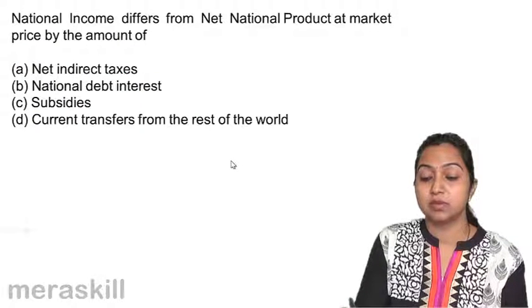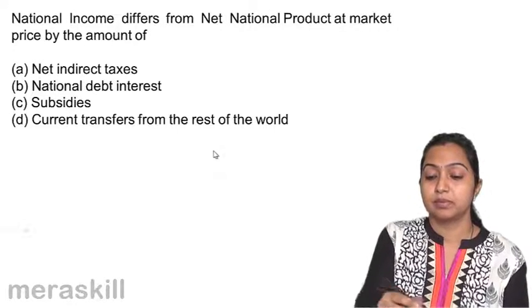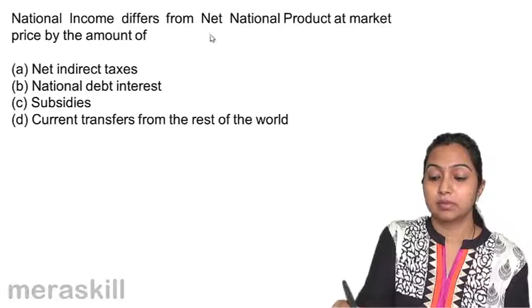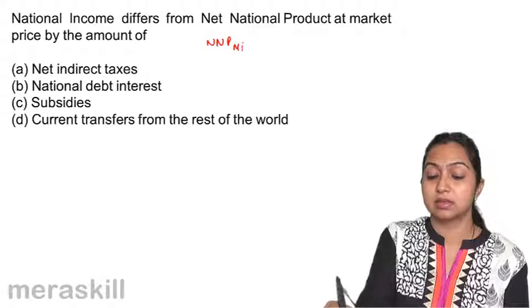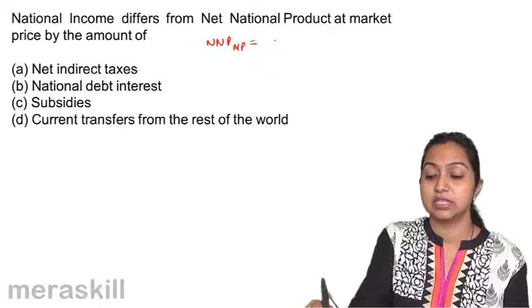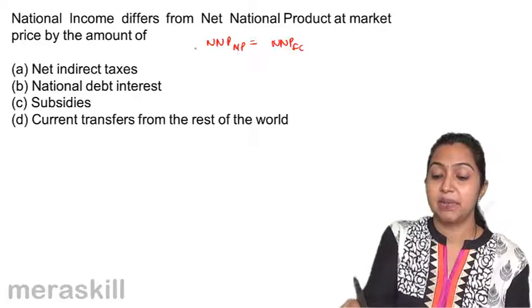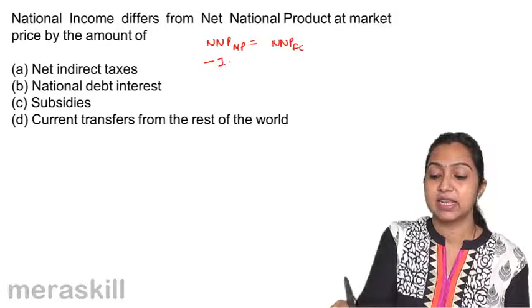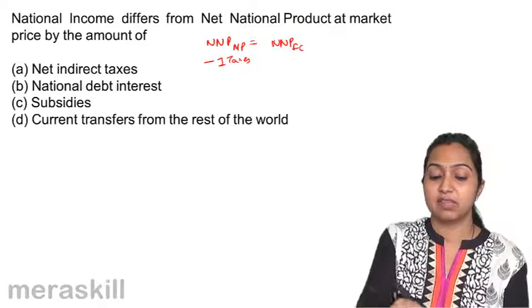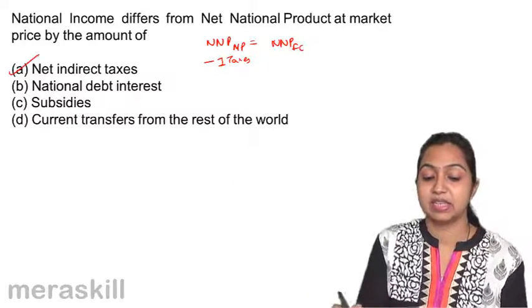National income differs from net national product at market price by the amount of net indirect taxes. NNP at market price, and what is national income? It is NNP at factor cost. So from NNP, you minus net indirect taxes, you arrive at NNP at factor cost.